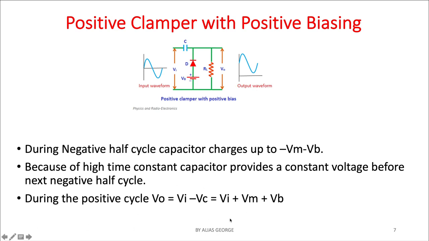And this is the output wave equation. So there is a positive shift, and we can see that positive biasing is there. Positive biasing and a positive shift.